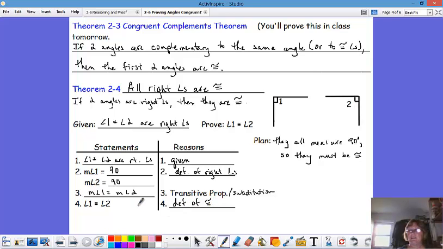And I'll just stop right here and say, when you see yourself moving from an equal sign to a congruent sign, that's a definition. You're applying that definition of congruency, or vice versa. If you see yourself going from congruency to equals, you're applying the definition of congruency. And ladies and gentlemen, I don't know if you noticed, but we just proved that all right angles are congruent. Okay? Nice little proof about right angles.